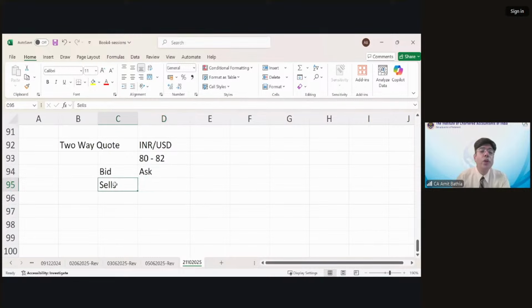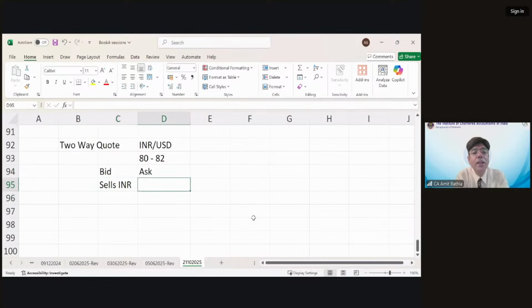Now, which currency is the bank going to sell you? Remember, bid is at 80, where it is going to buy dollars. So it is going to sell you INR, right?